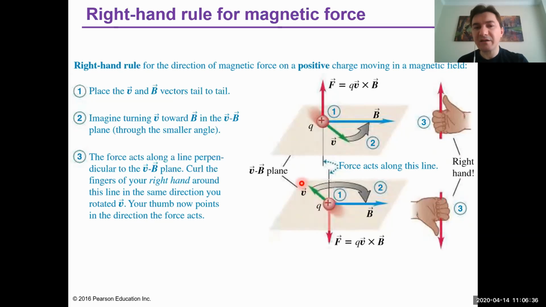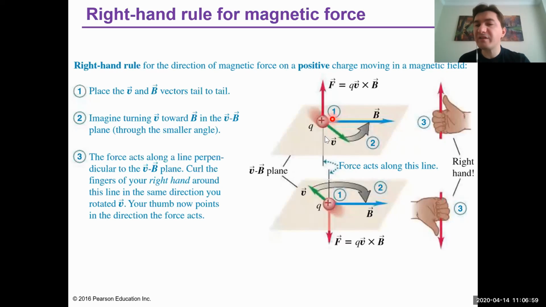Again, this is the direction of the velocity, this is the direction of the magnetic field, and use your fingers showing the direction of the velocity, and then curl them to the direction of the magnetic field, and then this thumb will show us the direction of the force, okay?